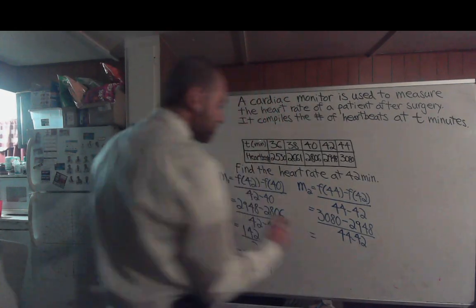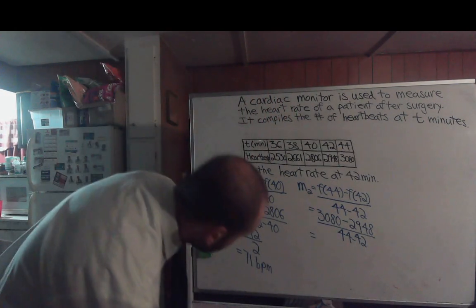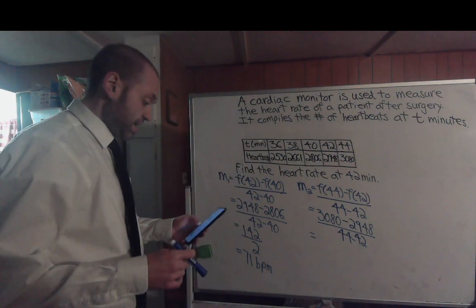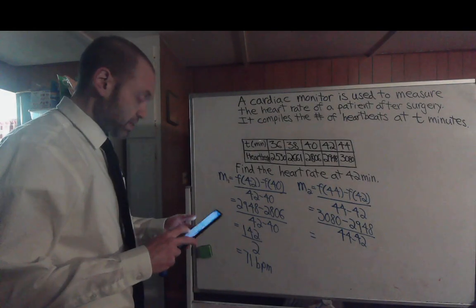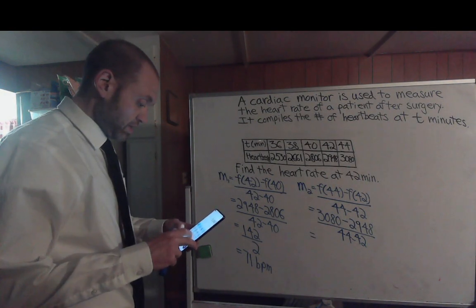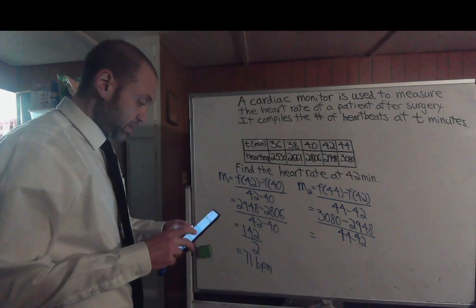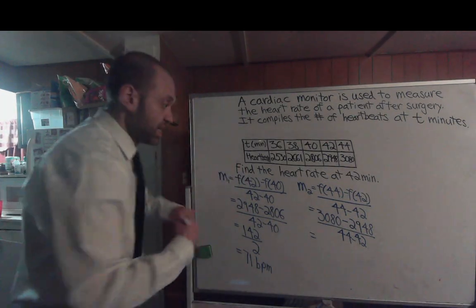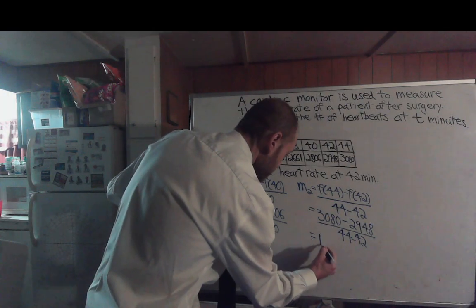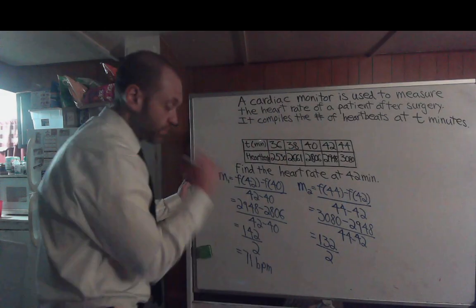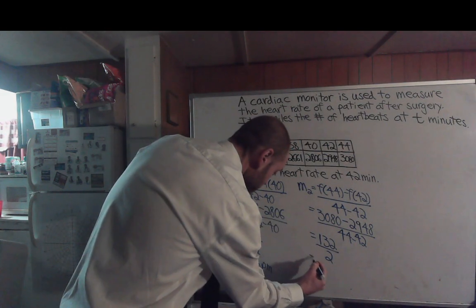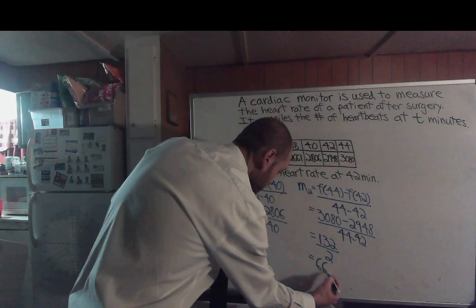That's going to equal then, let's take 3,080 minus 2,948. That's going to end up then being 132 all over 2, which would be 66 beats per minute.